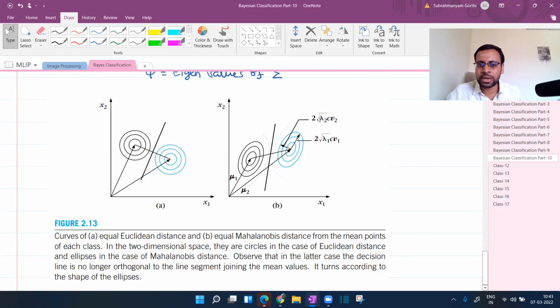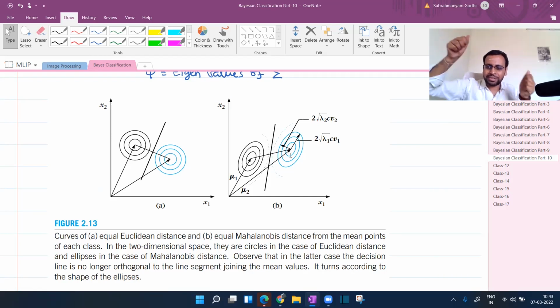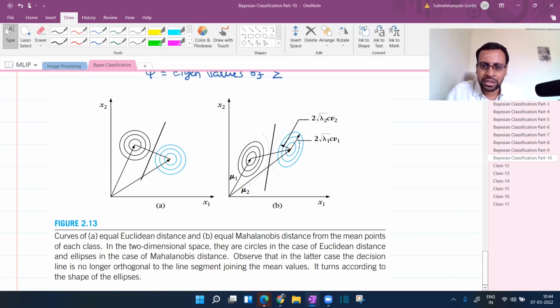Those ellipses mean there are no more circles, because the transformation on mu1 and mu2 that you do could be different. Because of that, this circle would become ellipses, and also rotated ellipses, because it is multiplied with a rotational matrix. And these are the things that you get.